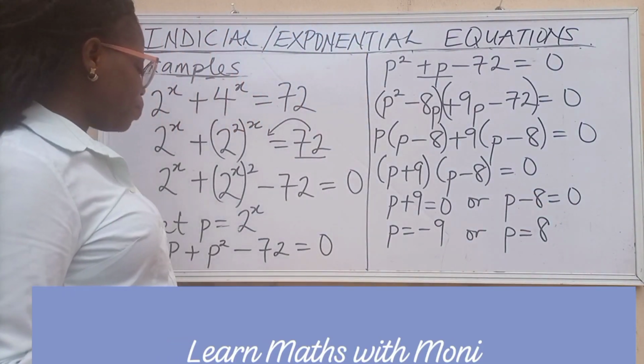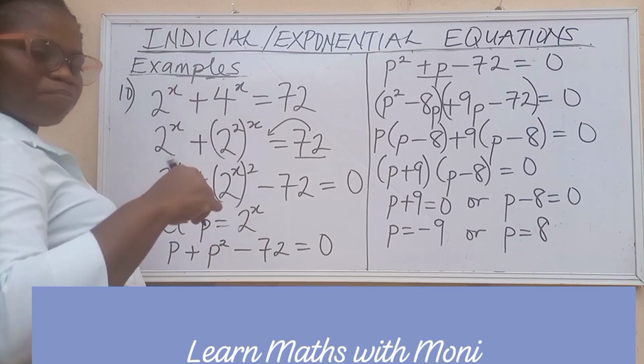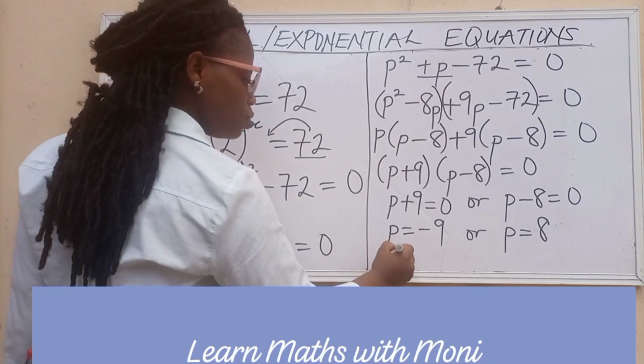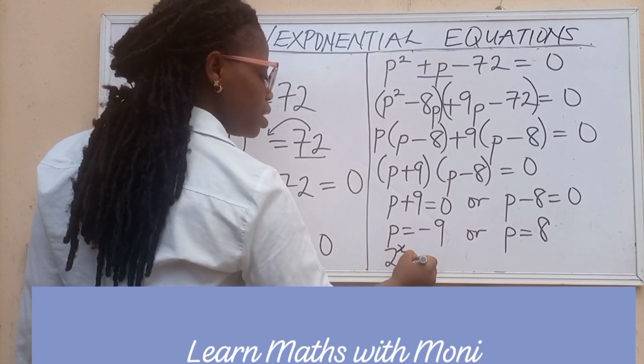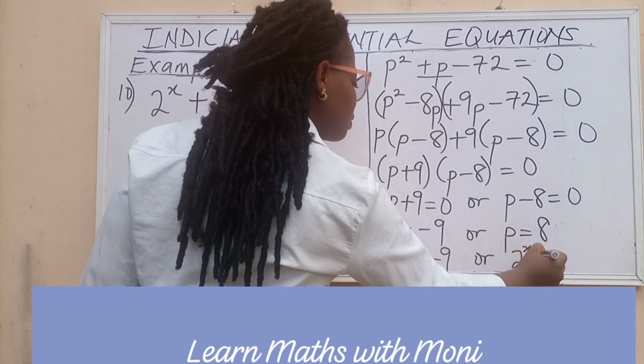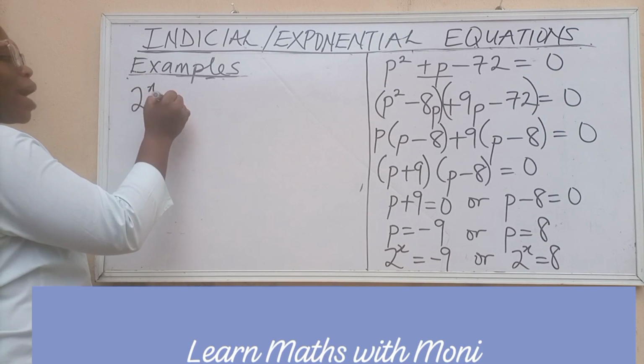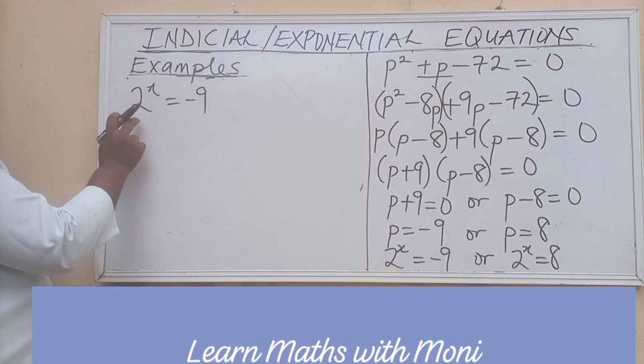Remember that P is actually 2 raised to power x. So we have to take it back to that. So this is 2 raised to power x equals to minus 9 or 2 raised to power x is equals to 8. One way we can make minus 9 as a power of 2.